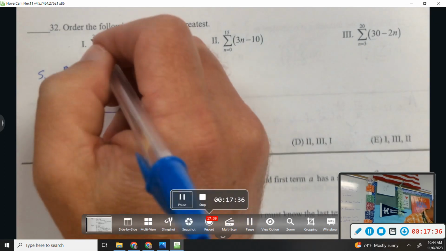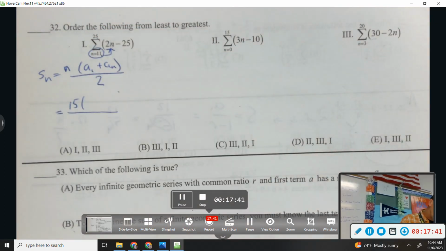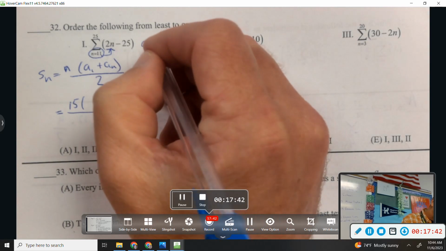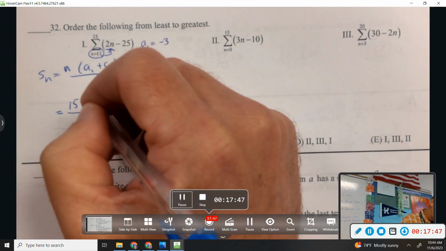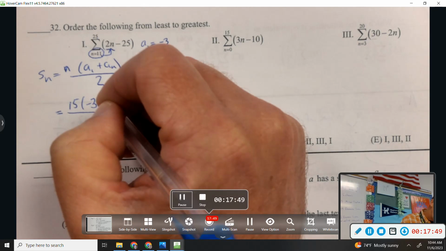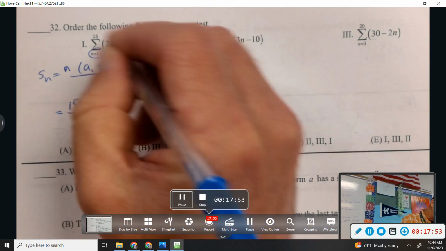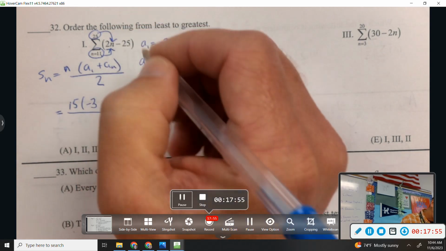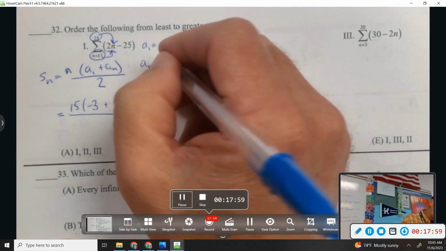It means plug in the first term. So 22 minus 5 is negative 3. A sub n means plug in the last term. So 50 minus 25 is 25.